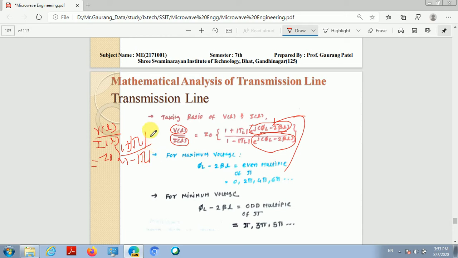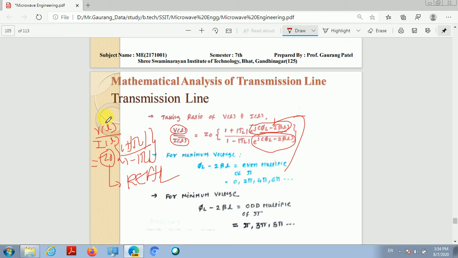It means that when the phase is an even multiple of pi, voltage is maximum, and at that location, Z0 is a real quantity for a lossless line, and this ratio (1 plus mod gamma L) divided by (1 minus mod gamma L) is also a real quantity.